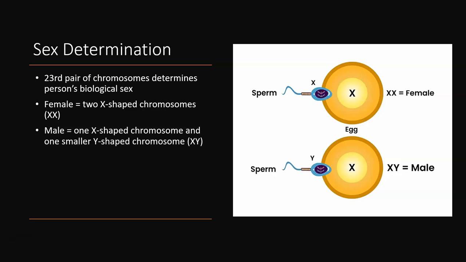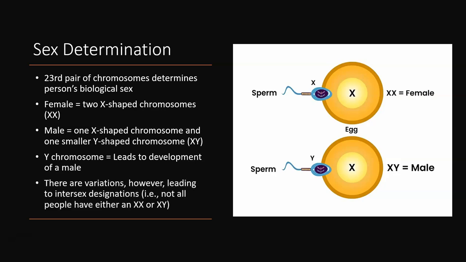Males will have 1 X-shaped chromosome and 1 smaller Y-shaped chromosome. The Y chromosome is what triggers the development of male sexual characteristics, external characteristics, internal characteristics that are consistent with being male. So having testes as opposed to ovaries, for example.